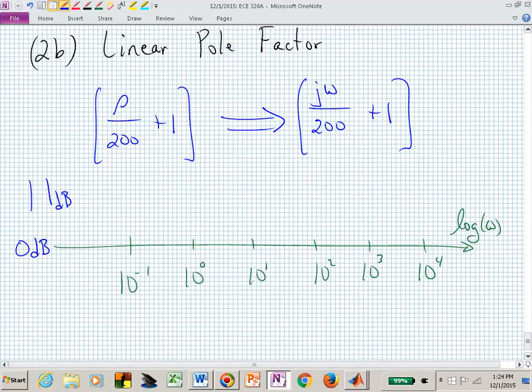Log of 2, 0.3. So it's 30% of the distance between 100 and 1,000. We go over to here and say there's 30% and there's 200. So we're now at 0 until that point. That's the 200 point.